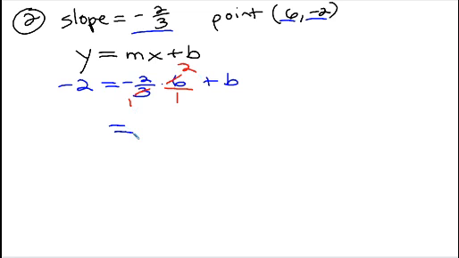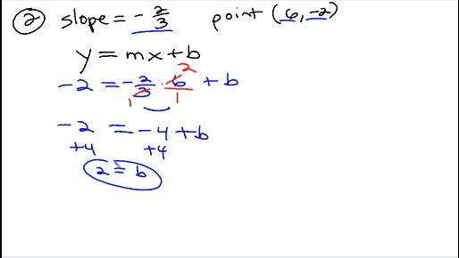So negative 2/3 times 6 is negative 4. Plus b equals negative 2. Now find out what b is. Add 4. B equals 2.